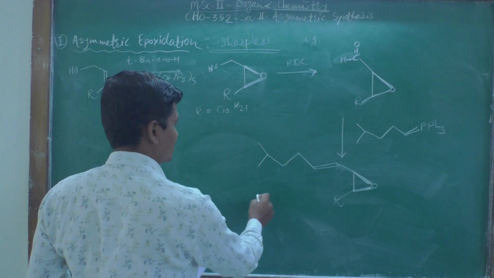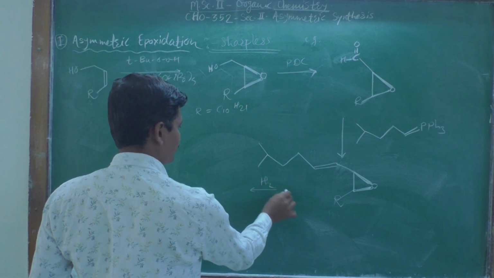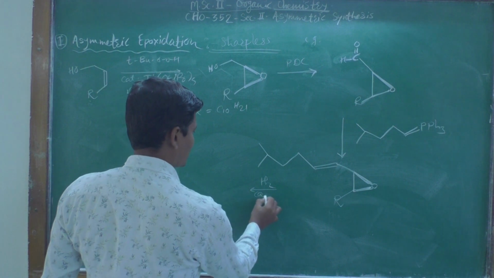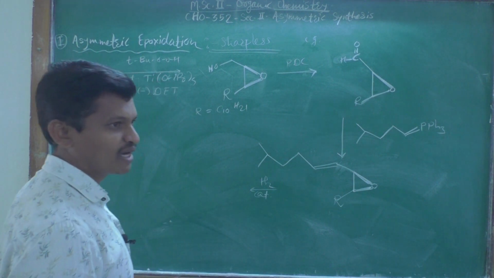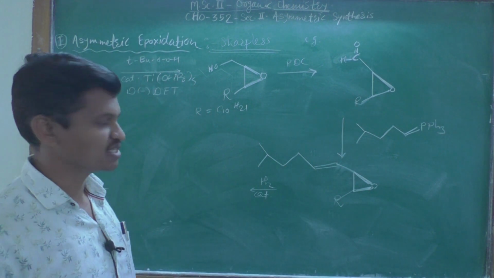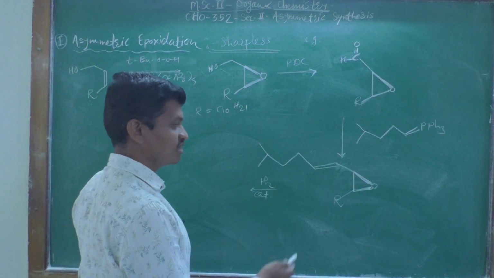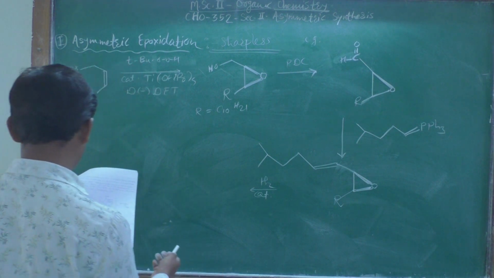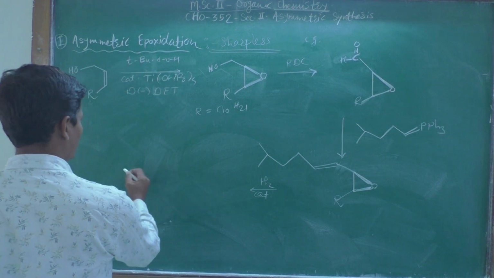Then the next step is H2 in presence of a catalyst, nickel or platinum or palladium. So what will happen? This is a carbon-carbon double bond, unsaturation is present, it will get reduced, it will get hydrogenated, and we are getting here the final product.